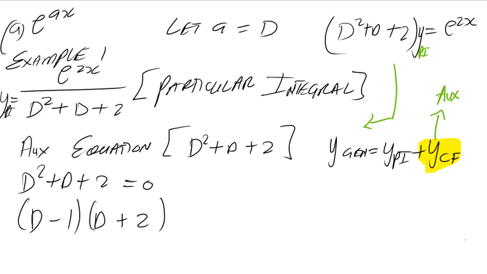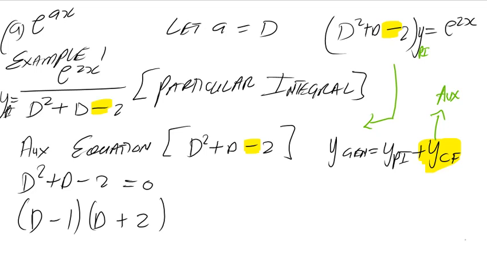Is it possible to find the factors? Yes, but we need to change this to minus. I made a mistake there. So yes, it's possible to find the factors: a 2 and a minus 1.